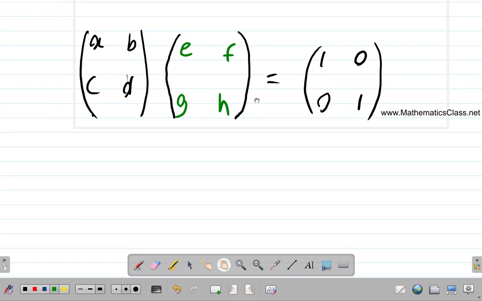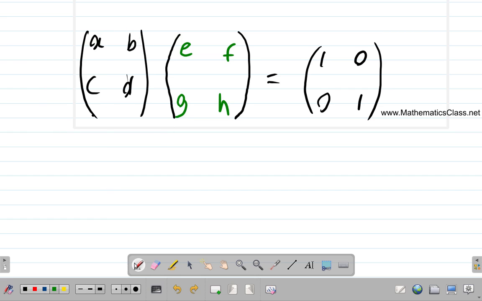Now, what we're doing is looking at the proof. I've now seen a past paper question where they ask you to prove the inverse matrix formula, but we just have some fun proving it. Now, here, if we are going to multiply these two matrices, remember, it's row by column.